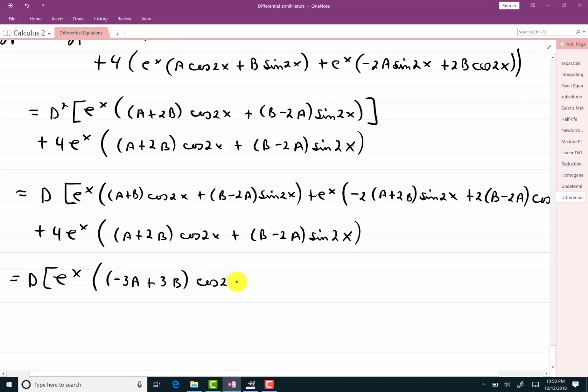And then how about the stuff attached to sine? I'm going to stick to going in alphabetical order. I have negative 2a in front of this sine 2x, and then I have another negative 2a in front of that sine 2x. A correction.